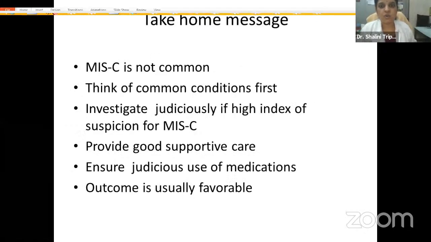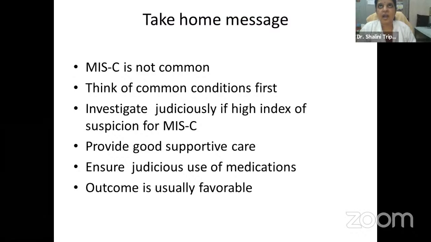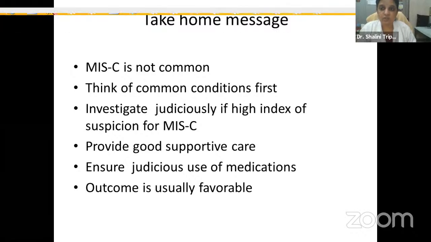So what is the take-home message of this lecture? Multi-system inflammatory syndrome is not a very common condition. We should know that it usually happens 1 month after the peak of cases, and we should know the syndromic manifestations of this condition so that we can think about it.